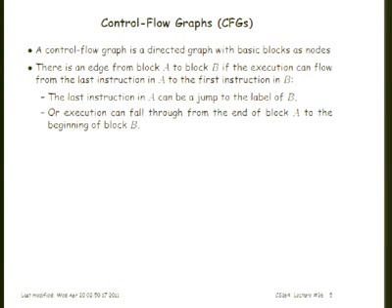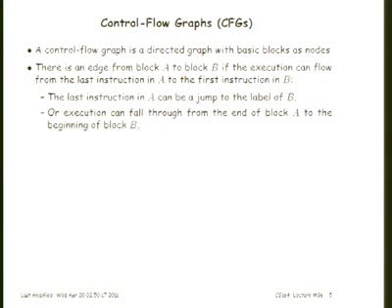So all right, that's what a basic block is. Now a control flow graph, this is another big concept, is basically a graph whose nodes are basic blocks. That's it. And that depicts control flow. That is, there's an edge from one block to another if there's a branch from the end of one block to the beginning of the other. It's always a branch from the end. It's always a branch to the beginning because that's the assumption about what a basic block is like.